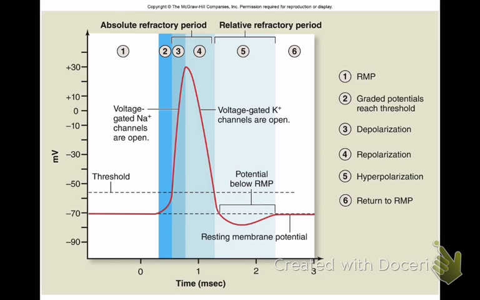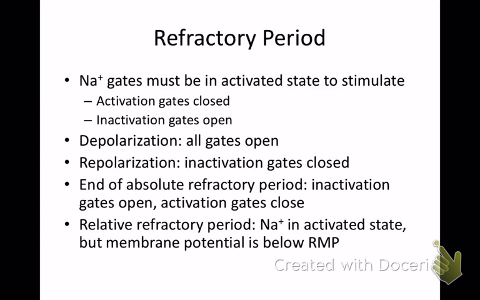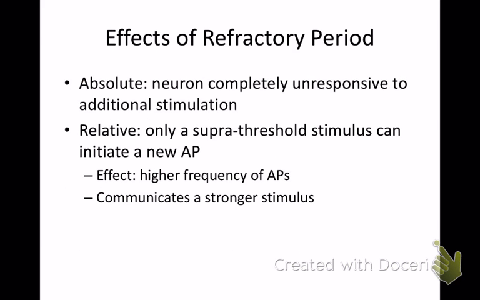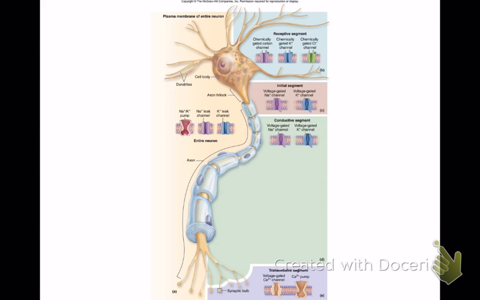All right, well, that's pretty much the ins and outs of a single action potential. But what we have to do is get from a single action potential to a propagation. So I'm going to start my action potential here at the axon hillock. I get an action potential right there at the axon hillock, and that creates some electrical current, right? I have sodium and potassium ions flowing. And that electrical current can flow just far enough.